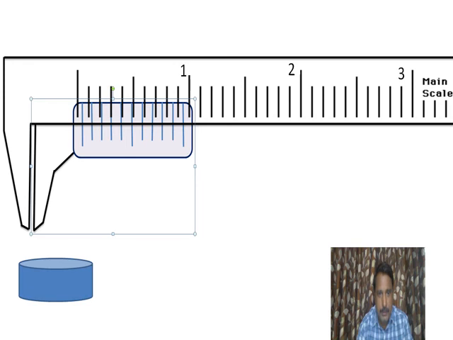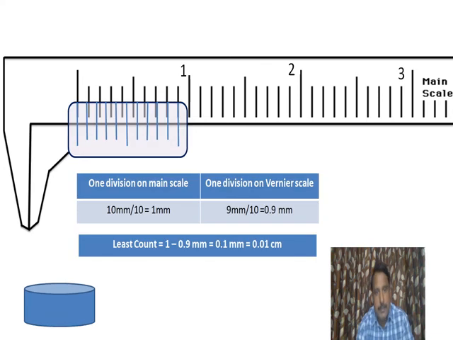Now let us try to find out what is the least count, and of course, as we discussed, the least count of this is simply one division of main scale minus one division of Vernier scale. Now what is one division of main scale?